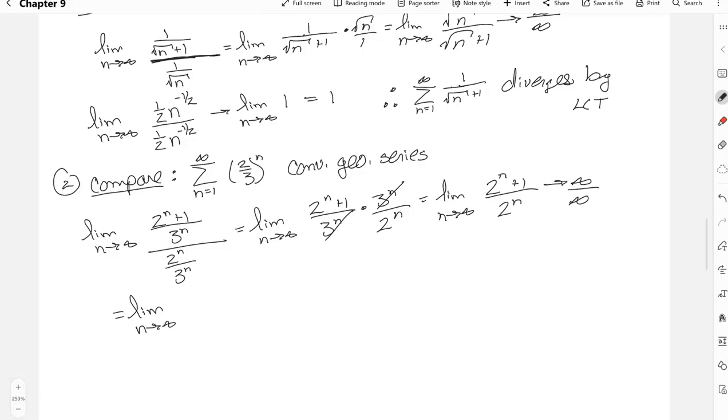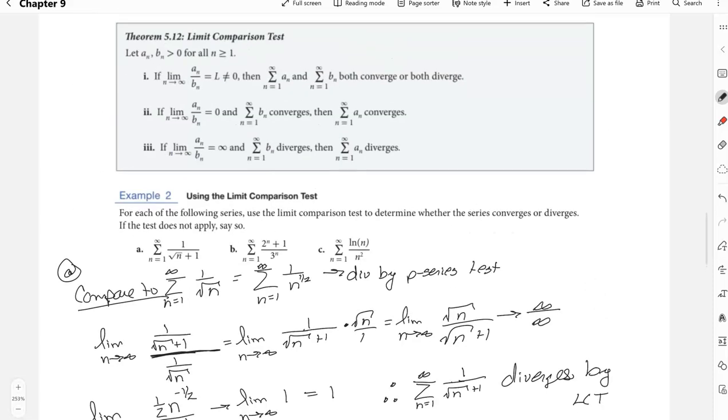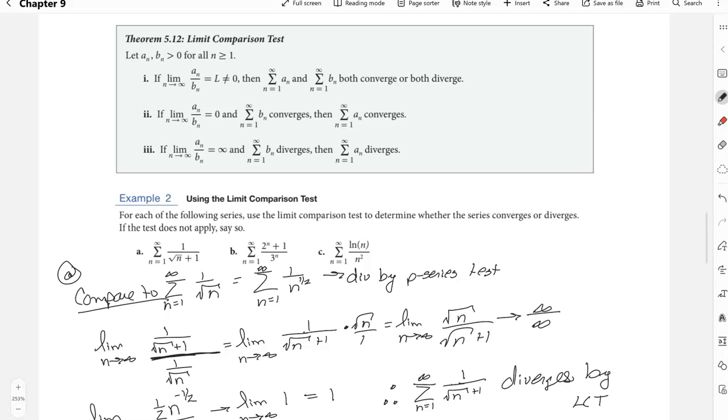So we could apply L'Hopital's again. If I take the derivative of 2 to a power, like 2 to the u, it's going to be 2 to the u times the ln of 2. Bottom is going to be the same thing. So this is going to be the limit as n goes to infinity of 1 over 1, and that's just going to go to 1, and that is not 0, which means that both of these sequences do the same thing.